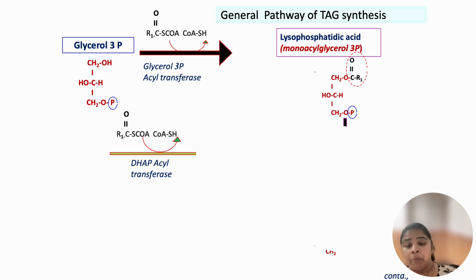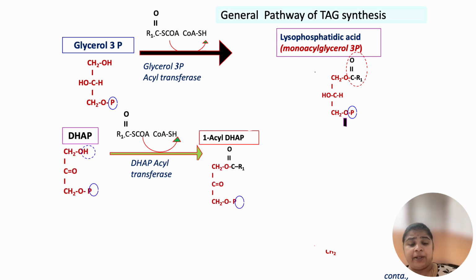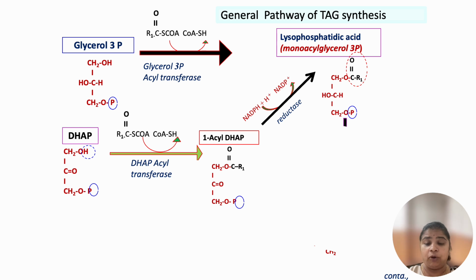So, we form monoacyl glycerol phosphate, or else DHAP. To DHAP also there can be directly an acyl transferase, that is addition of a fatty acid to form 1-acyl DHAP. And this 1-acyl DHAP in turn can undergo reduction to form monoacyl glycerol phosphate or lysophosphatidic acid.